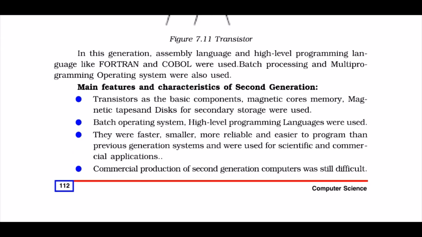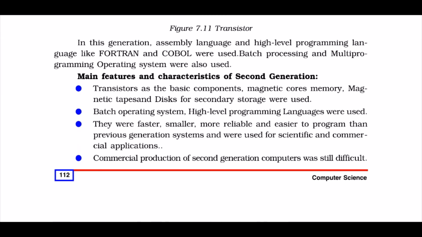The main features were transistors as the basic component. Always remember, the second generation was of transistors. Batch operating systems and high-level programming languages were used. They were faster, smaller, more reliable and easier to program than the previous generation.